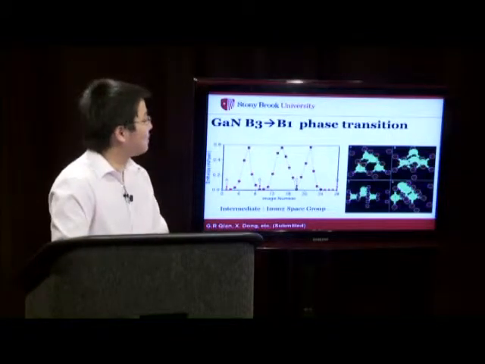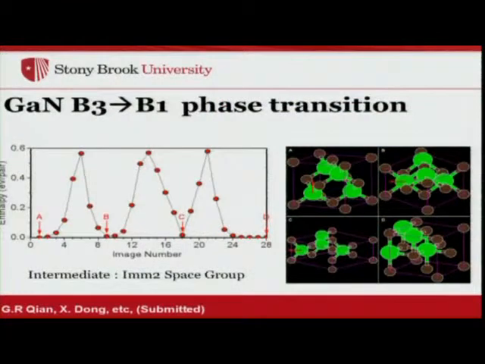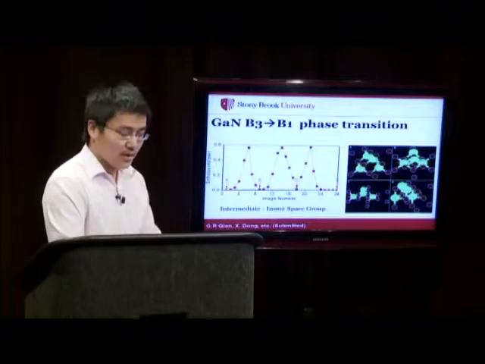And for the B3 to B1 phase transition, what can we do? If you don't have any information about the pathway, just like the B4 to B1 where people propose two different ways, I can just leave it to the VCNEB method.